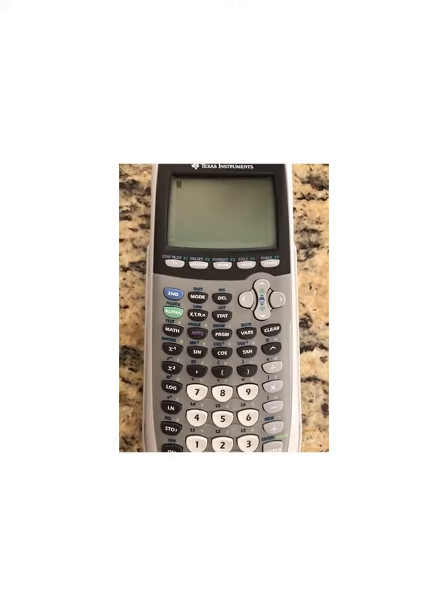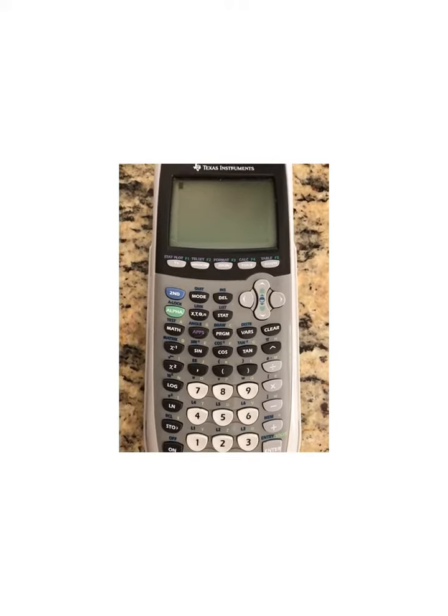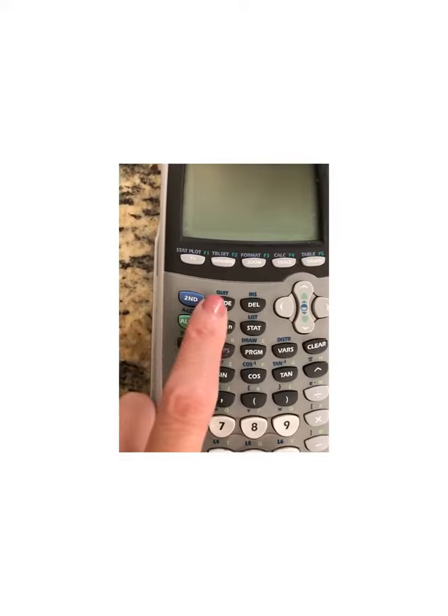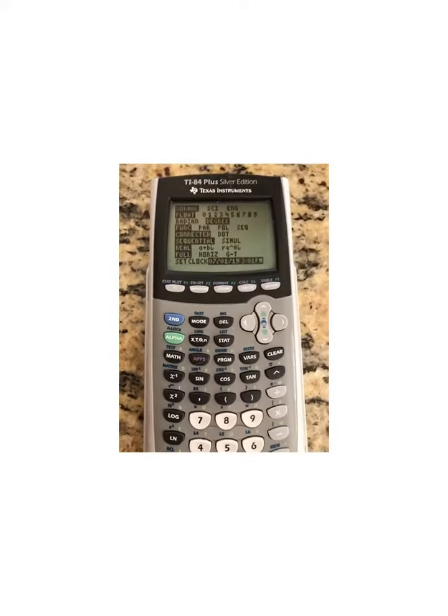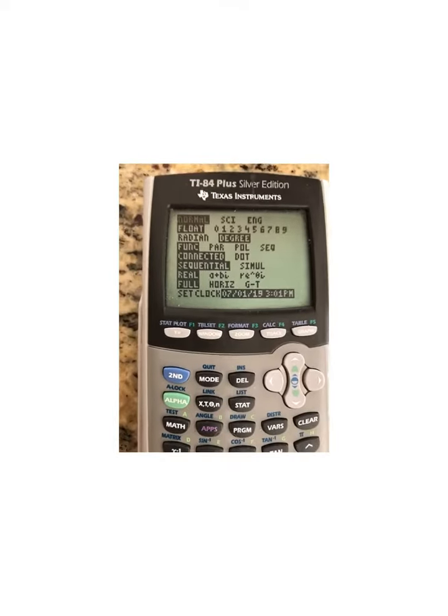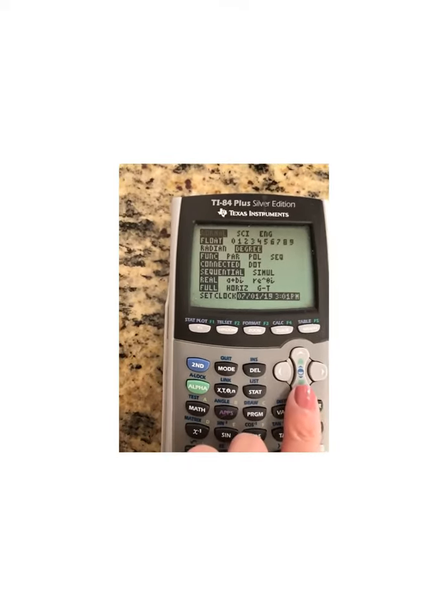Okay, now it's on. Now let's go with number 2. Remember, number 2, all those problems are in terms of the radian measure, and number 3 is going to be in degree measure, so keep that in mind. Now first, you need to check to make sure that you're in radian mode. So to do that, go to mode, and as you see right now, I have the degree measure highlighted.